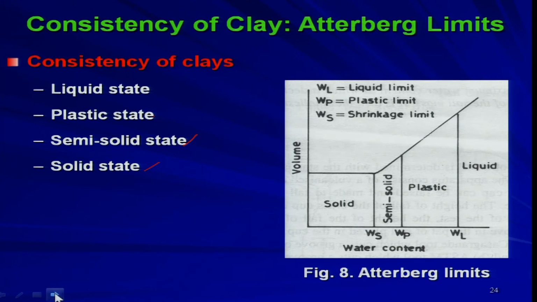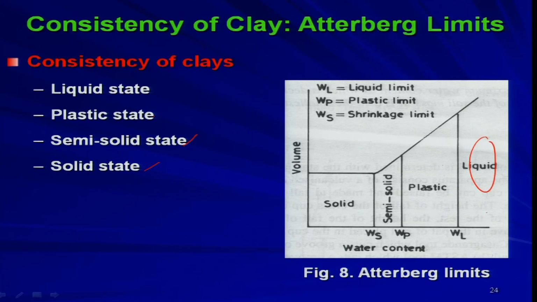Now, if you come back to this figure, you add water to a particular clay sample and make a slurry. This is something like your liquid form, so it comes under this zone. This is your liquid state.